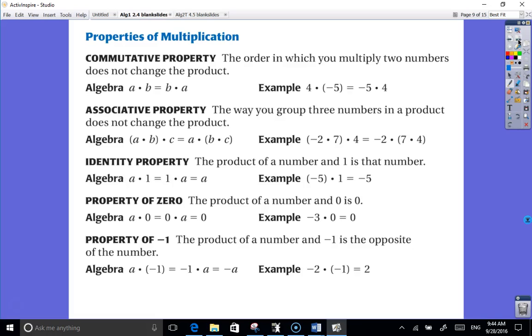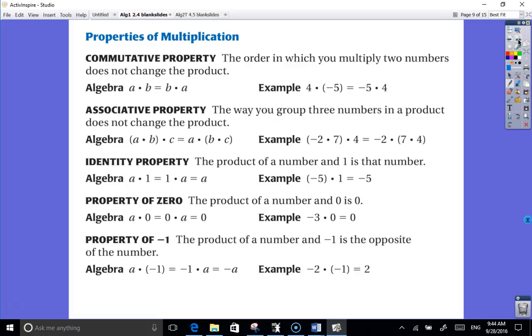Identity, we had an identity property for addition, right? Which is if you add 0 to a number, you get the same thing. What do you multiply times a number to get the same thing? 1, right? And now here's one that's different: the property of 0 for multiplication. What is 0 times anything? 0, right? Anything times 0 is 0.